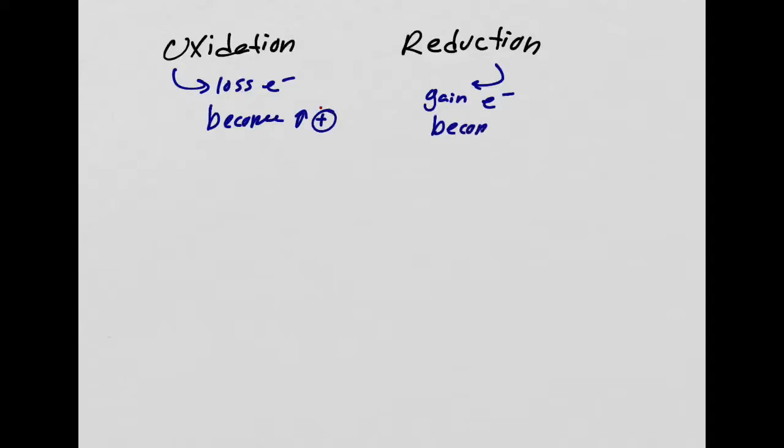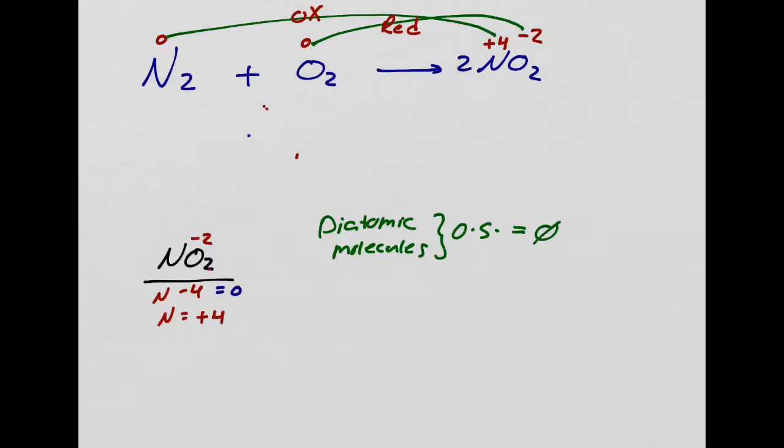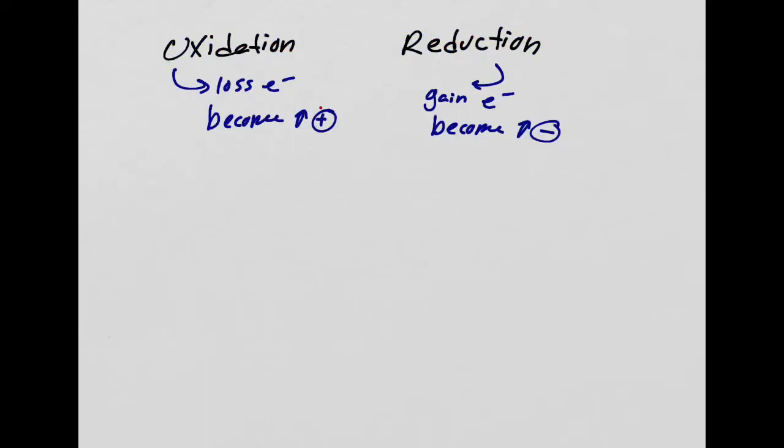In reduction, you become more negative. You saw it over here, that nitrogen went from 0 to plus 4, and oxygen from 0 to minus 2. Now, I'm going to add one more thing: oxidation is loss of electrons, you become more positive, and you are also a reducing agent.